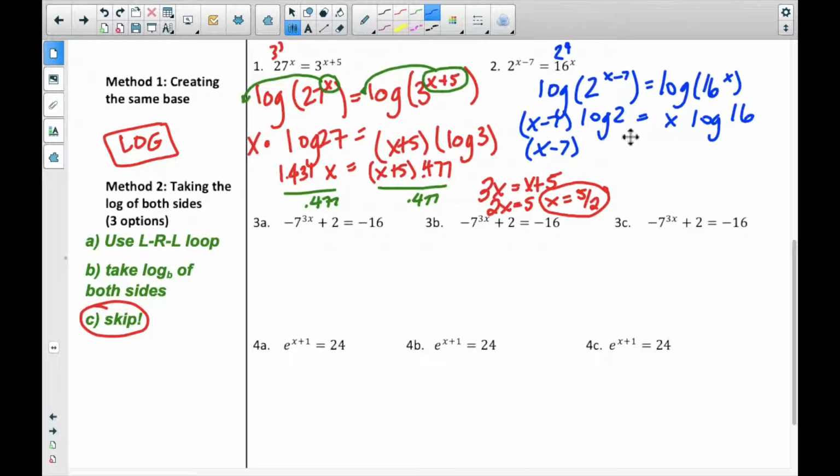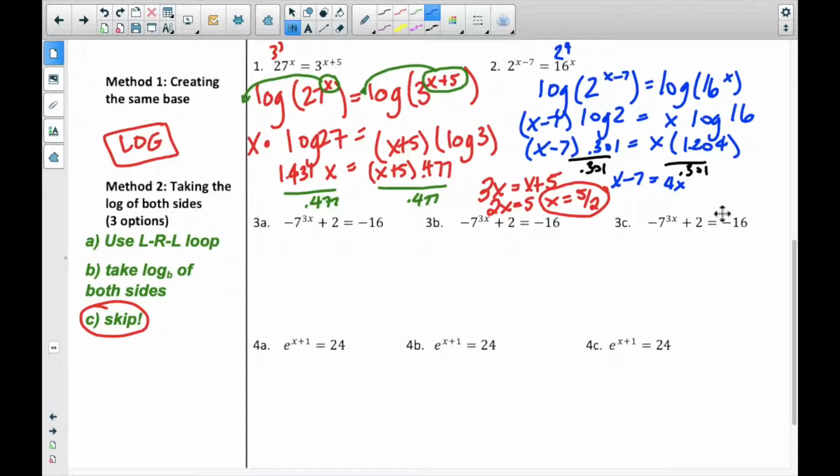So let's find the decimal value for log of 2 and a decimal value for log of 16. Okay, log of 2 is 0.301, log of 16 is 1.204. Now, let's divide by 0.301.